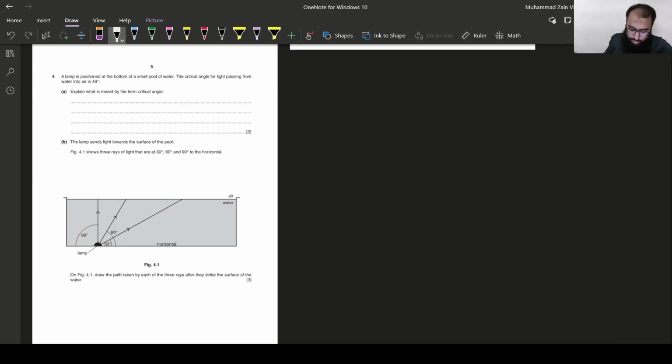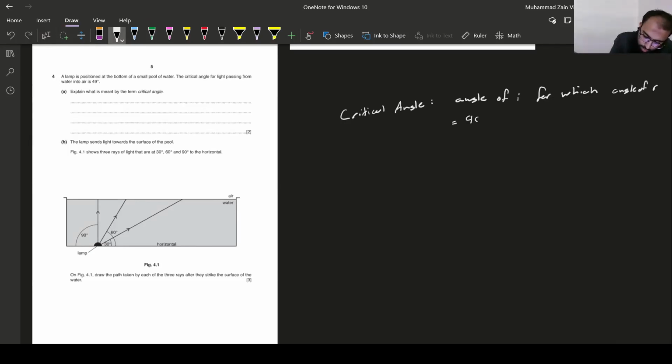So the critical angle, you all know, is the angle of incidence for which the angle of refraction equals 90 degrees. So that's how we define critical angle. Or instead of saying 90 degrees, you could say the angle of refraction is perpendicular to the normal or stuff like that.